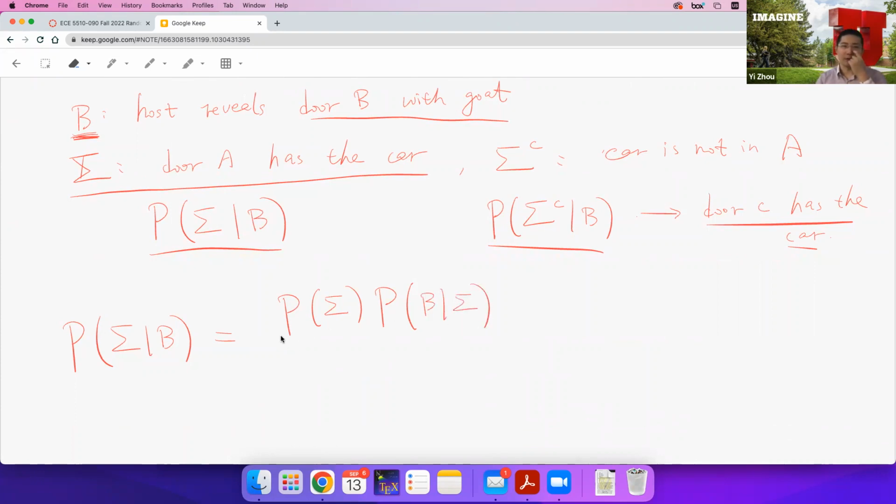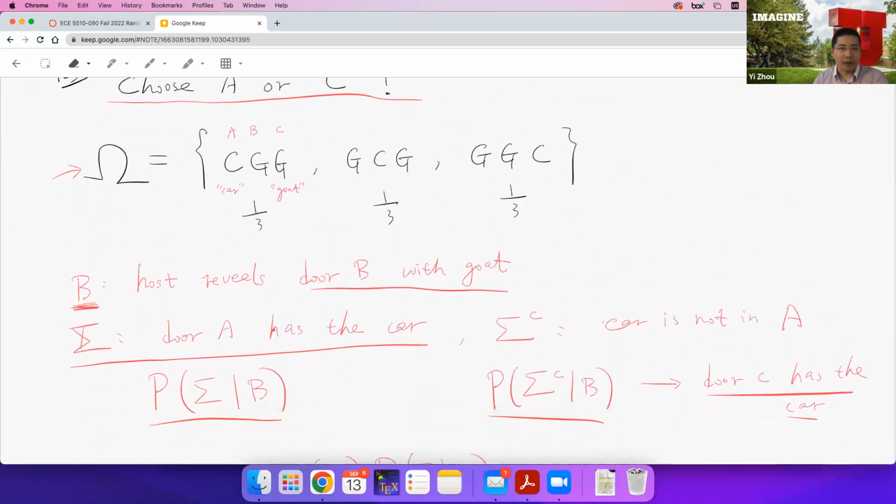Right. This numerator is the probability of a joint event, and that joint event can be decomposed according to the conditional probability. So here we are looking at the probability of B given sigma. So this is the numerator.